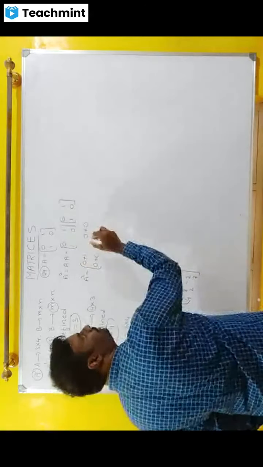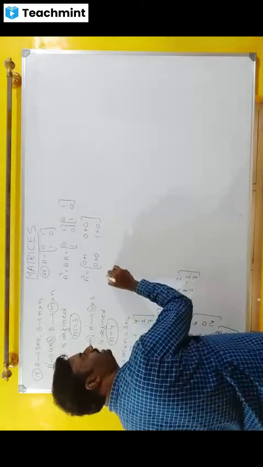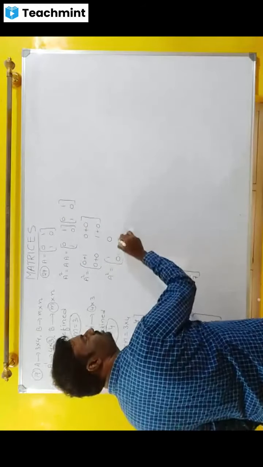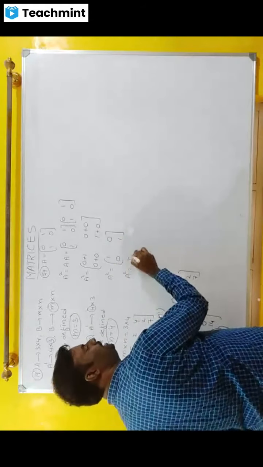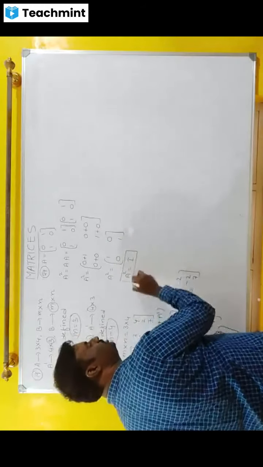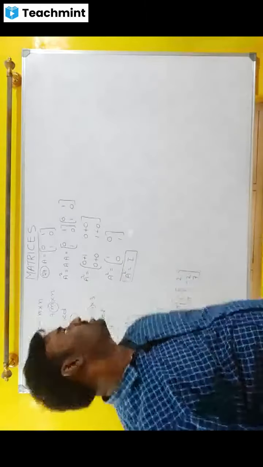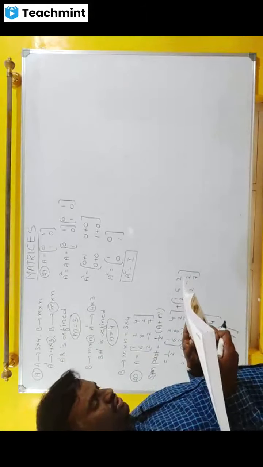Second row, second column: 1 into 1, 1, 0 into 0, 0. Therefore, the final answer A square equals 1, 0, 0, 1. That is nothing but A square equals I, because 1, 0, 0, 1 is the identity matrix. Therefore, the answer for question 27 is I.